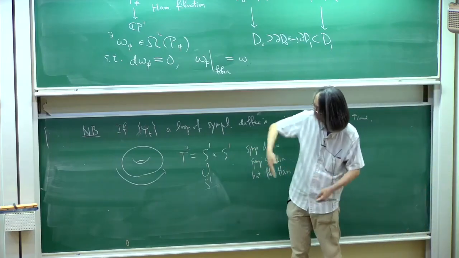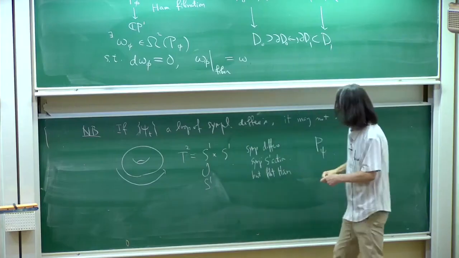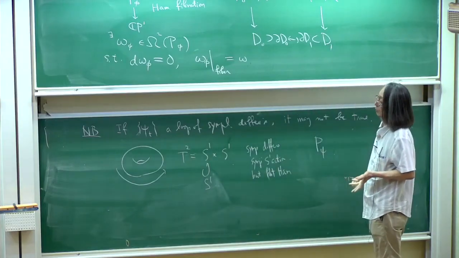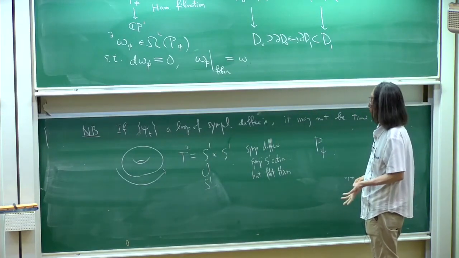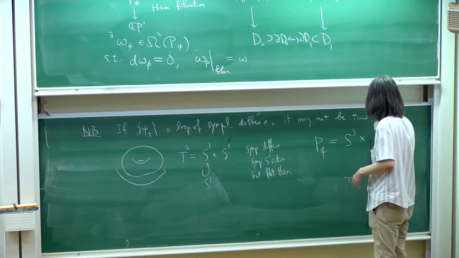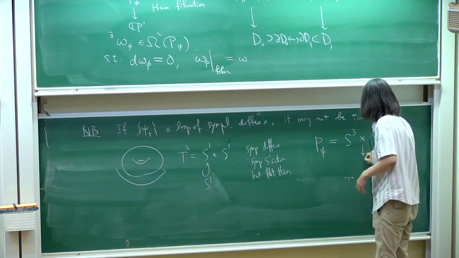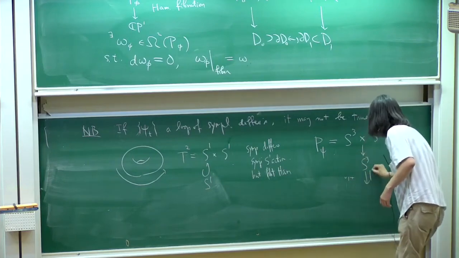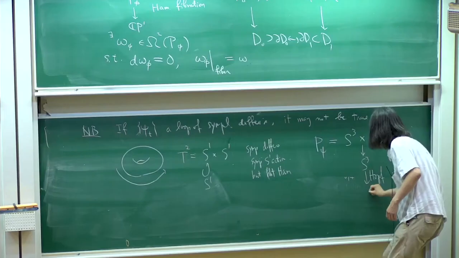Essentially, you consider this bundle, and that is just a Hopf bundle. So this is S3 cross S1, mapping to S3, and then the Hopf bundle to S2.